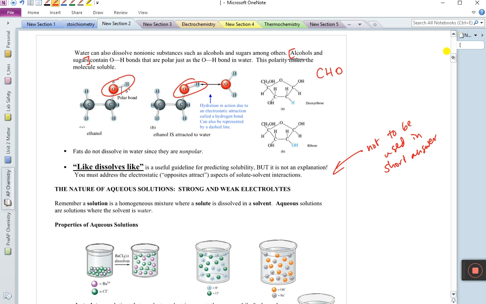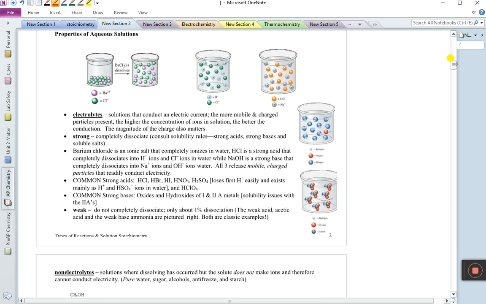Alright. Electrolytes: strong, weak, not. So remember, to be an electrolyte, it has to be ionic and soluble. Strong electrolytes are anything that completely dissociates. Look at your solubility rules. The big things you need to remember for solubility rules for the sake of AP: Group 1, always soluble.